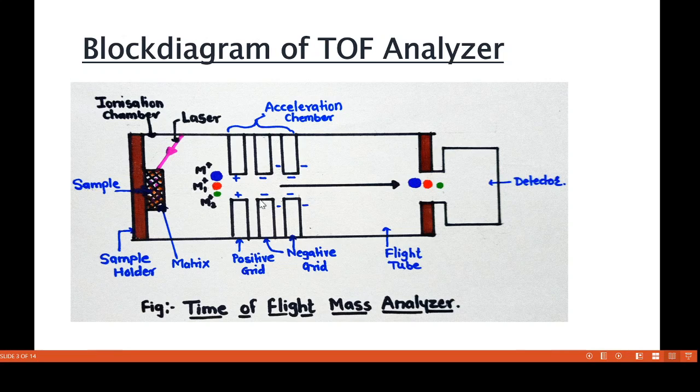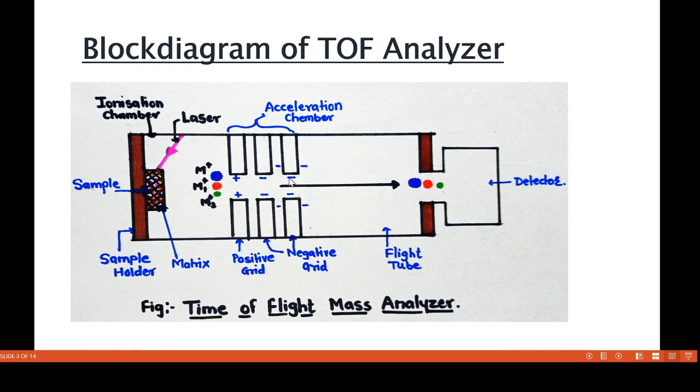So these positive ions are accelerated to this side because more negative grids are present here. These ions are accelerated through this portion and come here.